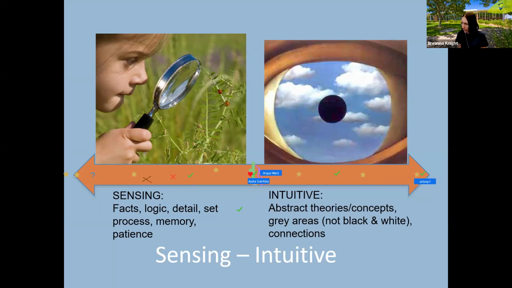So pop on the scale where you think you are. Lots of people in the middle here. Oh, a few. Oh, there's somebody who's so sensing they're off the chart. People in the middle. People who are further on the intuitive.